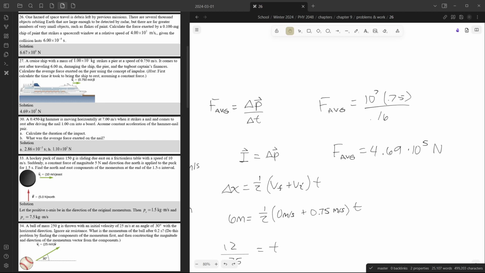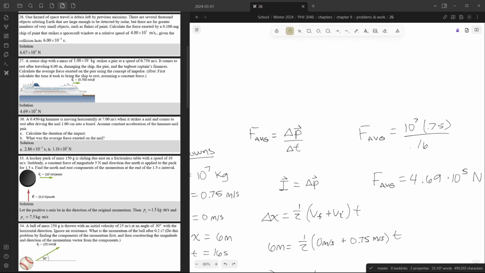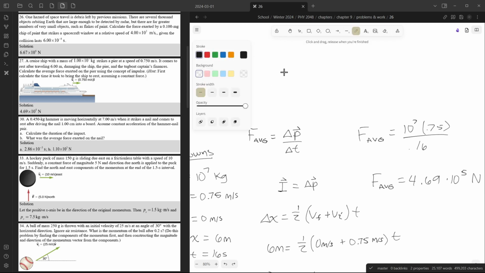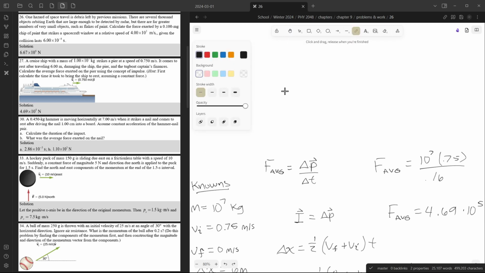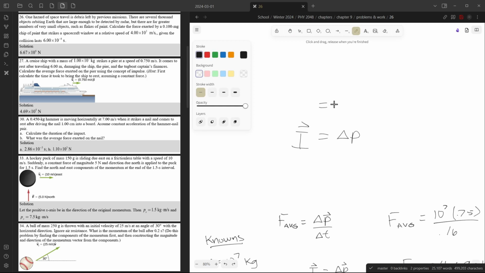And just remember to use the impulse equation if you're unfamiliar with the average force. We can derive this again using impulse equals delta p, but it also equals the average force times delta t.